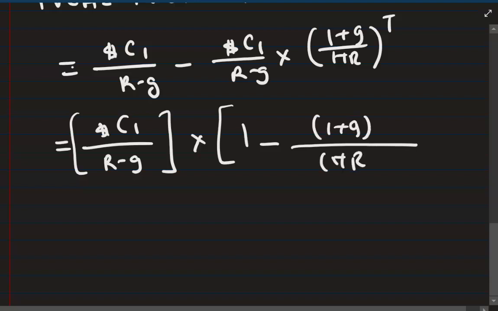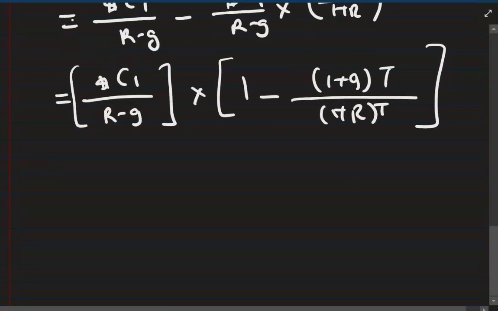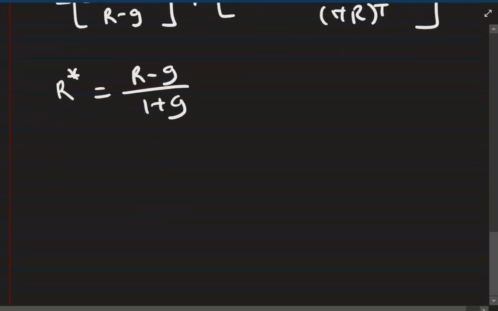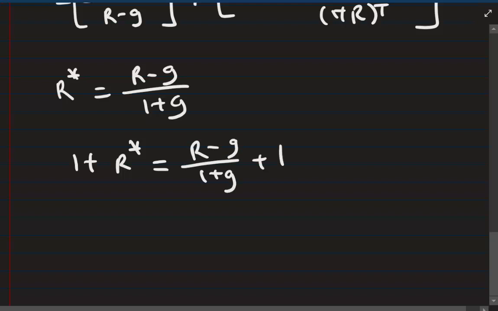I'm going to do a shorthand. Let's call R star R minus G divided by 1 plus G. It's easy to show that 1 plus R star is equal to (R minus G plus 1 plus G) over 1 plus G. The G's cancel out.